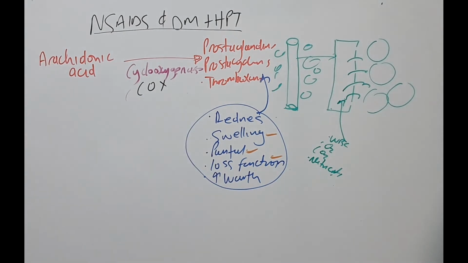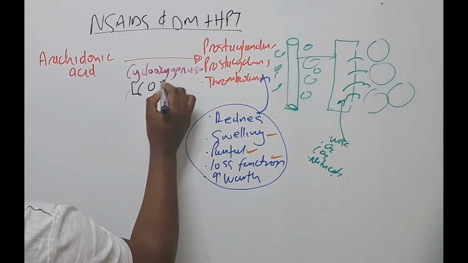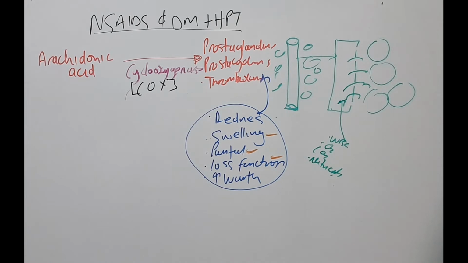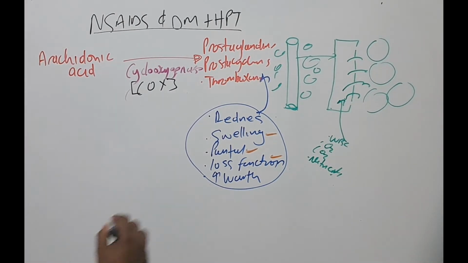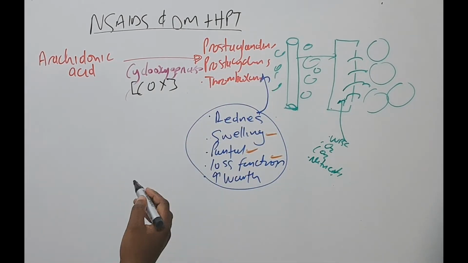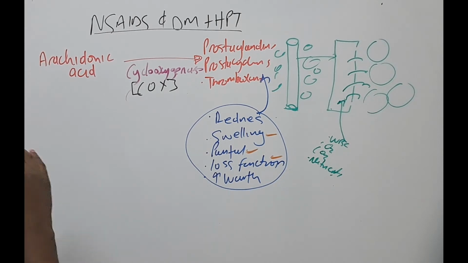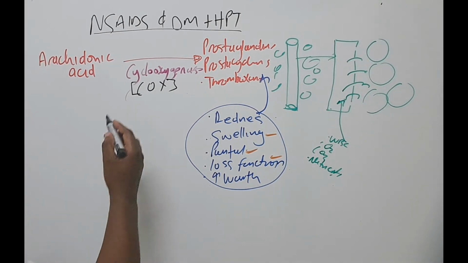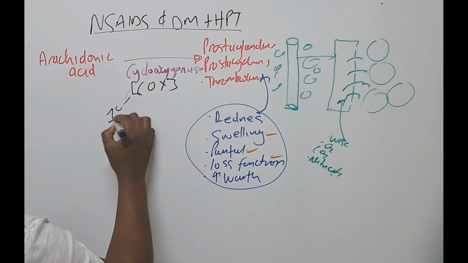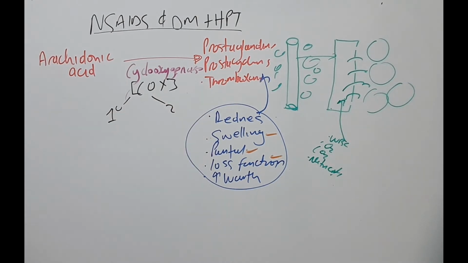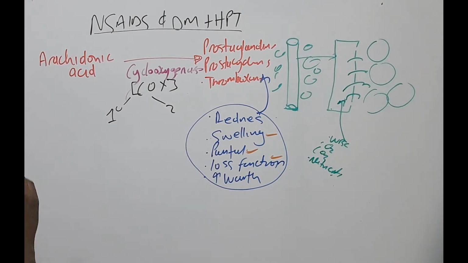These COX enzymes are able to convert arachidonic acid to these inflammatory mediators that we spoke about: prostaglandin, prostacyclin, thromboxane. Now this enzyme has two isoforms. There is COX-1 and then there is COX-2. These enzymes are crucial when it comes to converting arachidonic acid into those inflammatory mediators.